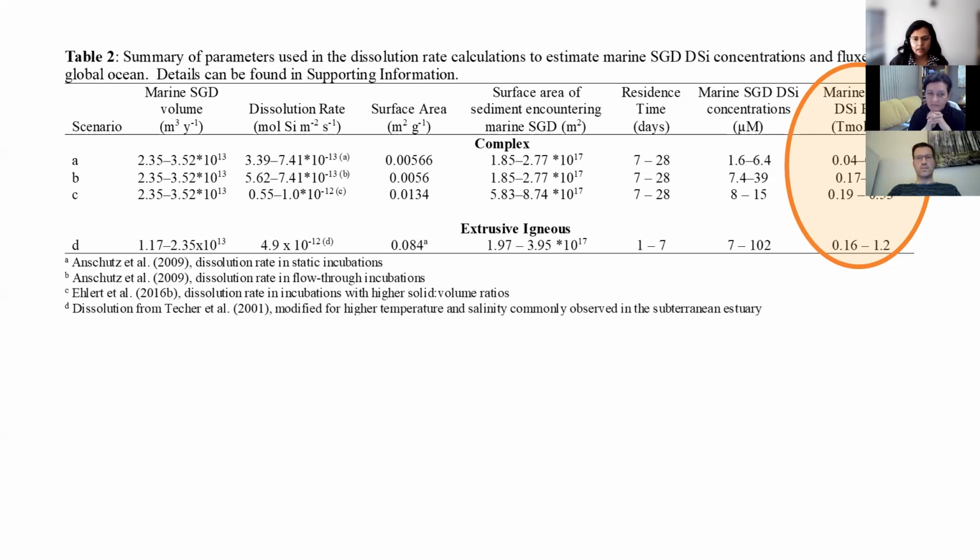And we wanted to see whether mineral dissolution can support these dissolved silicon concentrations. Because as we were presenting this data to the oceanographic community, some of the pushback that we would get is that, well, actually what you're seeing is the dissolution of those biogenic frustules. You're actually not seeing lithogenic dissolution.